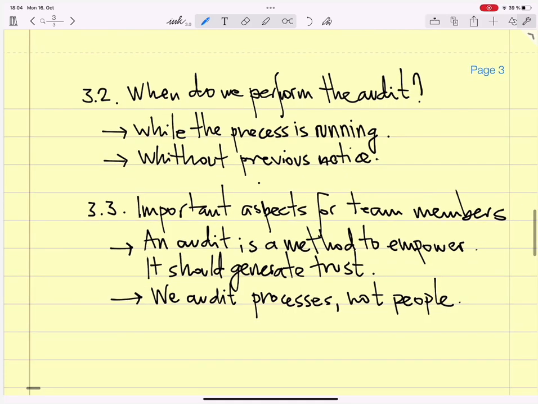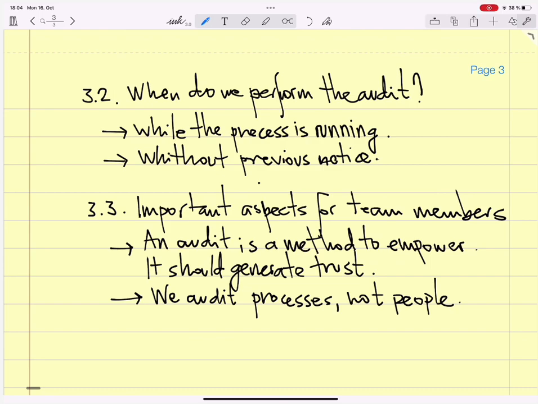So if you go, let's say you're coming from the central in Stuttgart and you go to some factory in Brazil and you make an internal audit, the guys in Brazil are gonna think, oh, this German guy, I hate his guts. Okay? So he's coming here to tell me how to run my party.